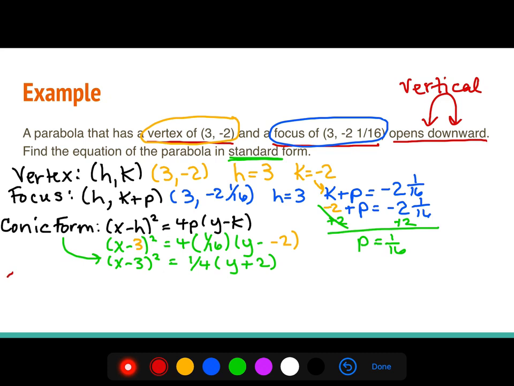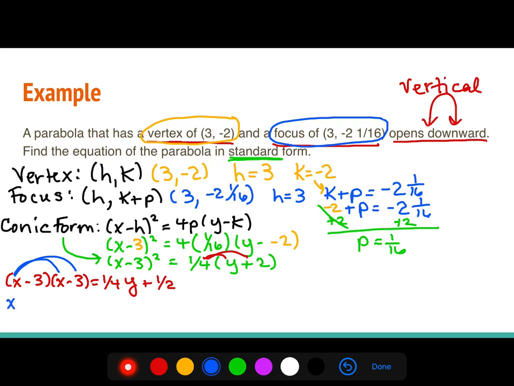So what we need to do is multiply all that out and solve it for y. Yep, it's a lot of work. Well, first thing I'm going to do is try to make this thing multiplied out. So (x minus 3) squared means two (x minus 3)'s.